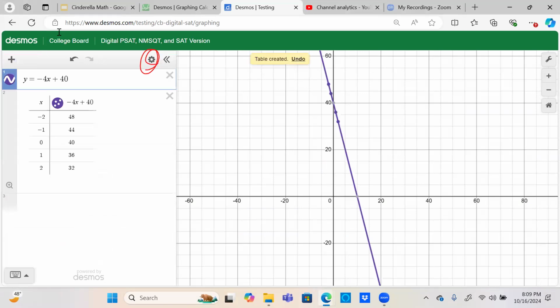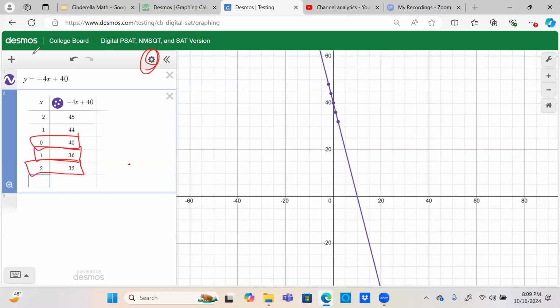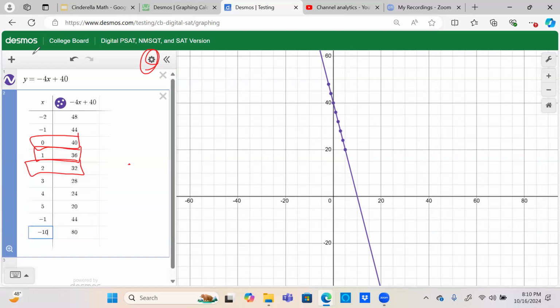Boom. 0, 40, 136, 232. That's all you needed, but say you wanted more, you can actually click in here and just push your tab button. 3, 4, 5. You can do negatives too. -1, -10. So this is a great tool here that'll generate a table for you. You put in the function, it'll do the table. You hit the cog and then the little chart. Okay.